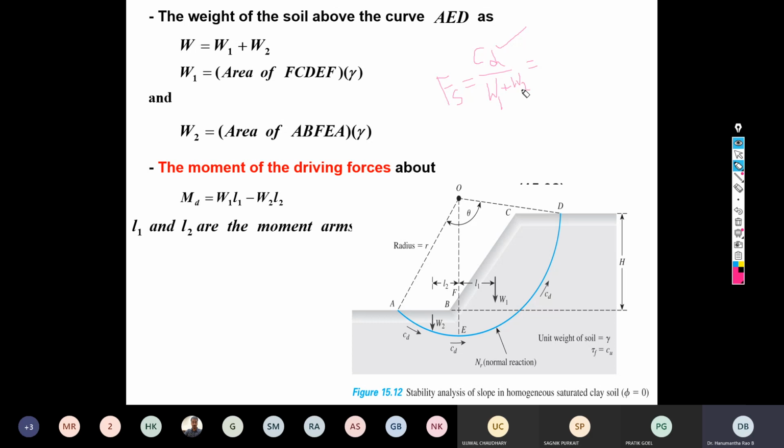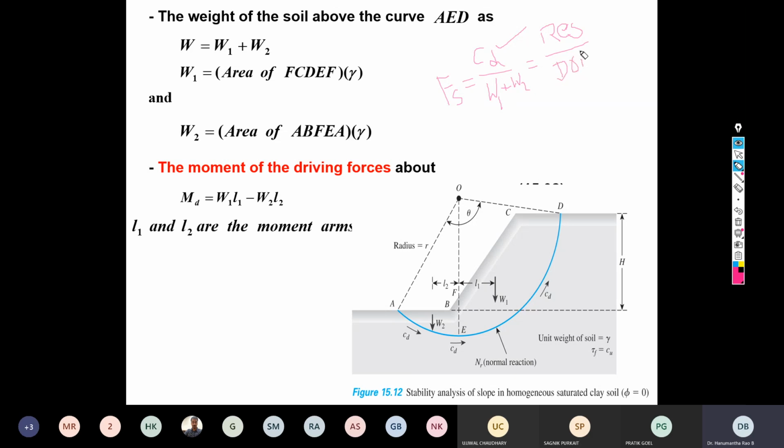But when I talk about the factor of safety, we need to understand whether you are going for force equilibrium or moment equilibrium. When you talk about forces and moments, you get which one is the driving force and which one is the resisting force. So we need to redefine the factor of safety as the resisting divided by the driving.